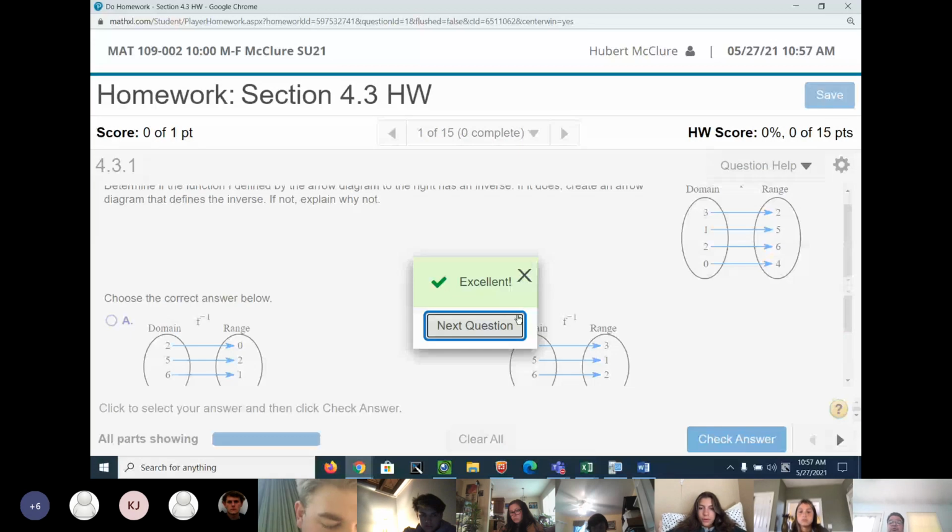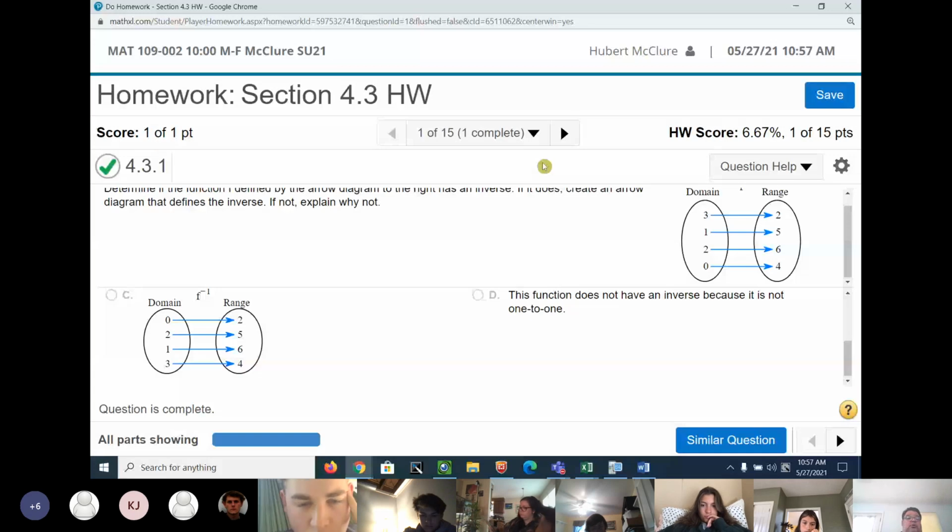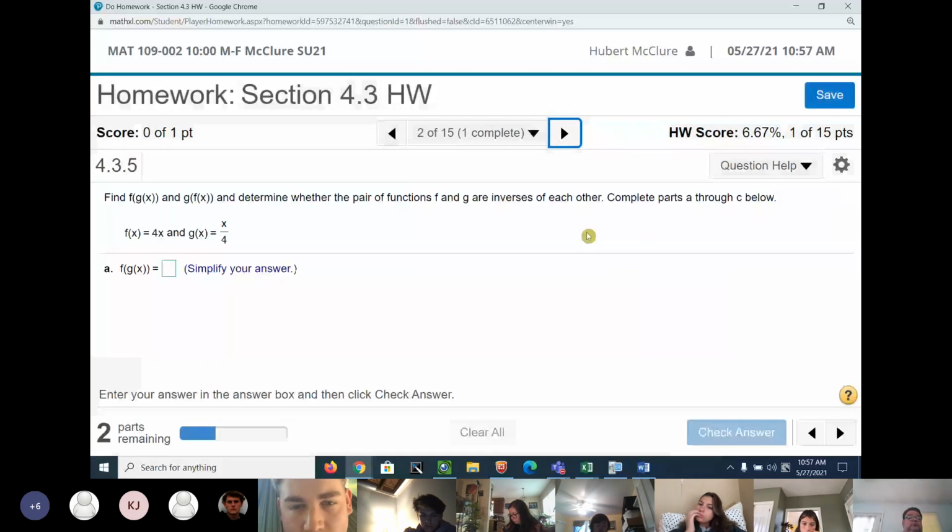But that's not a test question. You can see that on homework. I want to show you a test question. And they'll give you a graph. How do you check? Do f composed of g of x. Watch what happens. And then do g composed of f of x. If you get the same answer, it's one-to-one.